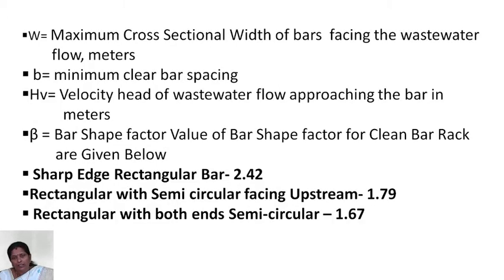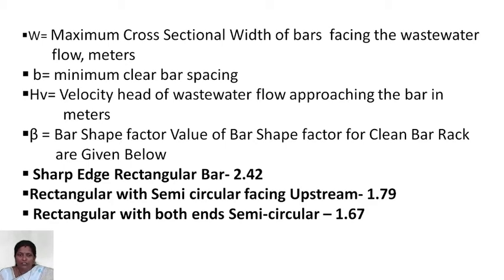W is the maximum cross-sectional width of bars facing the wastewater flow in meters. b is the minimum clear bar spacing. h_v is the velocity head of wastewater flow approaching the bar in meters.